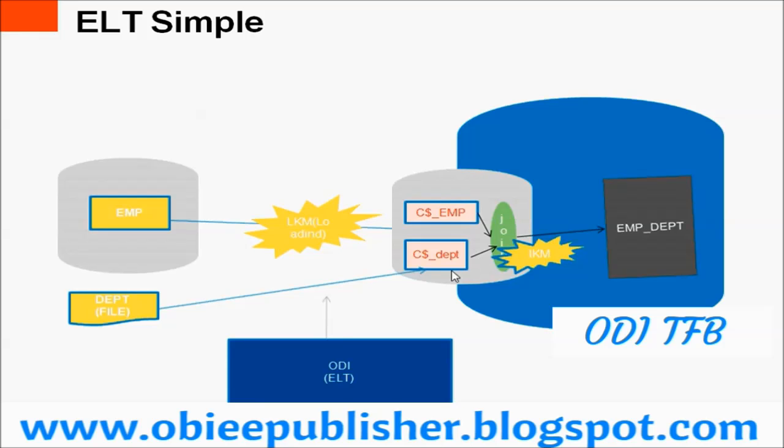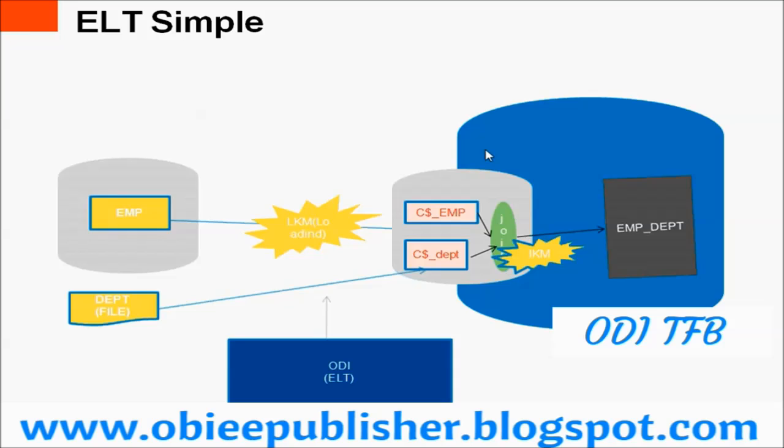Now ODI will go and create one simple SQL statement. Whatever data you need to join and load into the target is all in database tables. EMP_DPT is the target table, $EMP is one table, and $DP is another table.